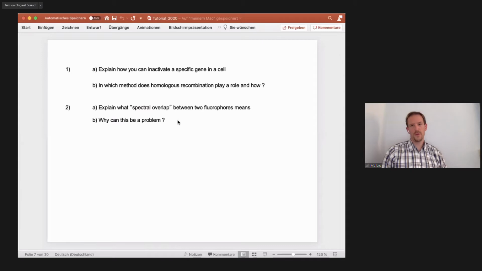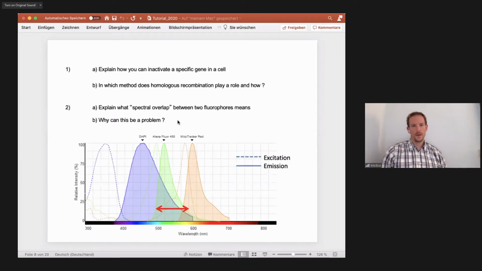Or if you have multiple stainings, then one fluorescence can activate already the other one. So the emission of one fluorescence can be the excitation of the other one. So in this case, you need to plan the fluorophores and the detectors, because otherwise you will have signals. In both cases, you will have unspecific signals.